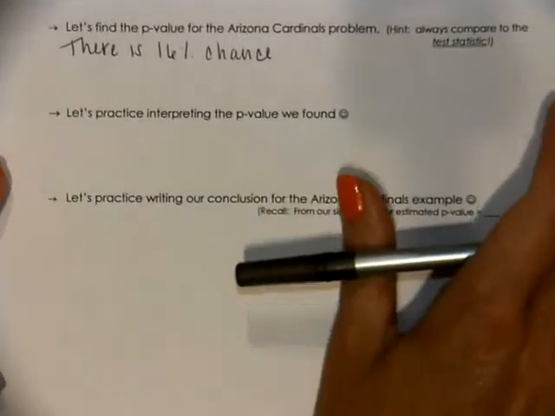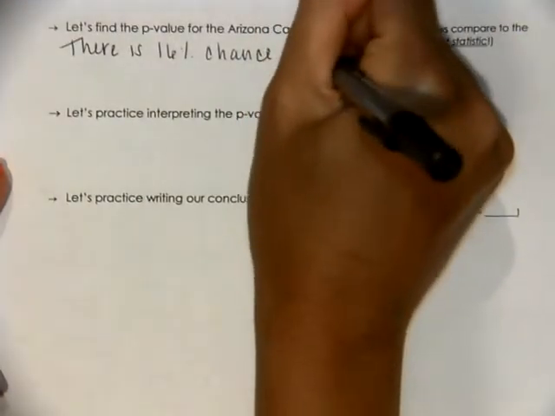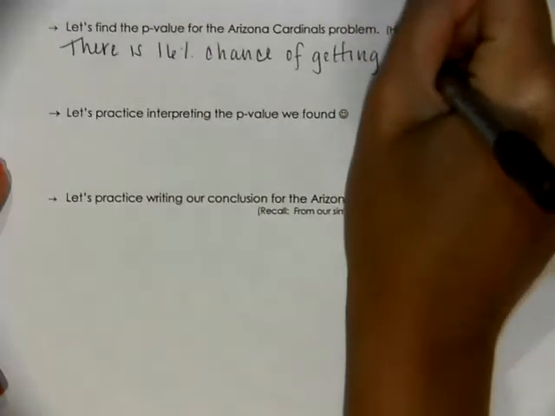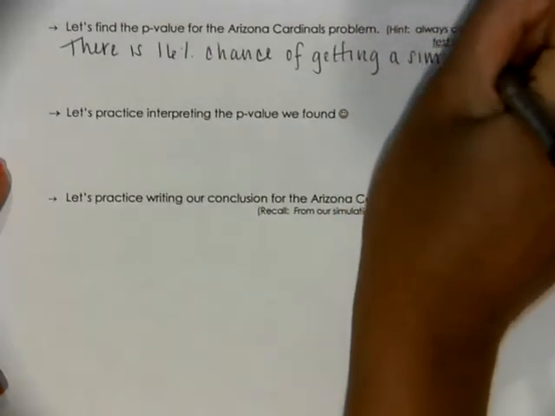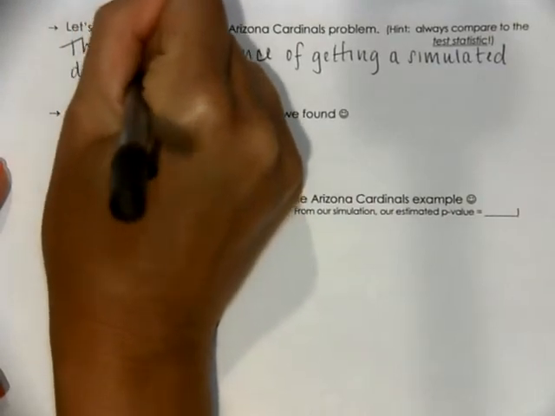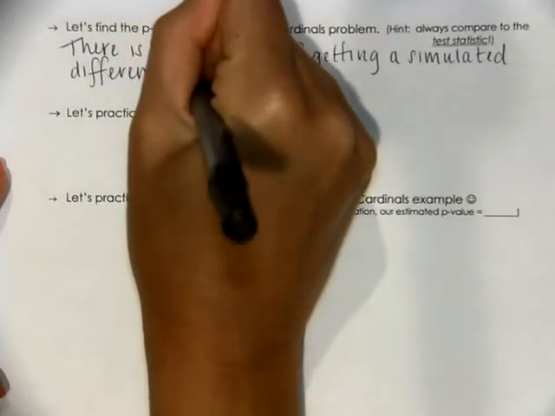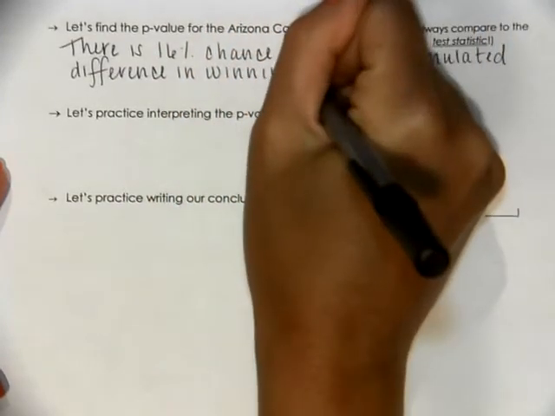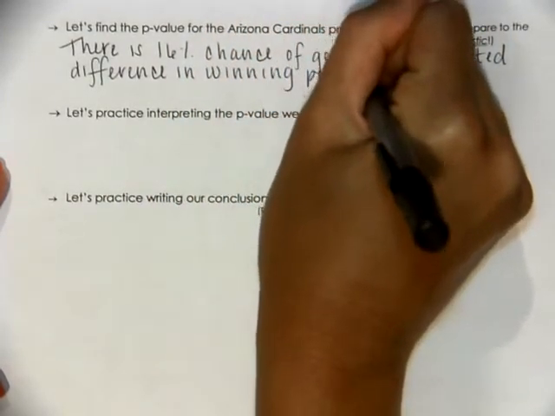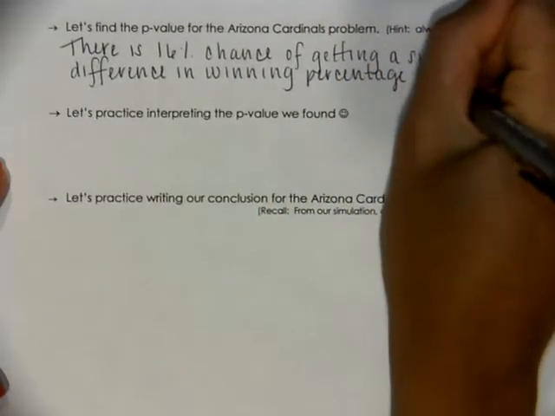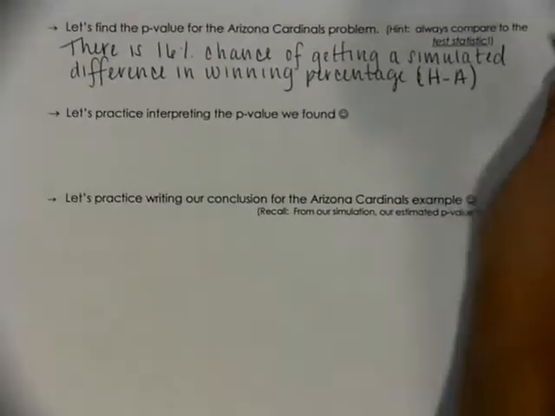So there is a 16% chance of getting a simulated difference in winning percentage, home minus away, of what value? Where did we look at in our dot plot?